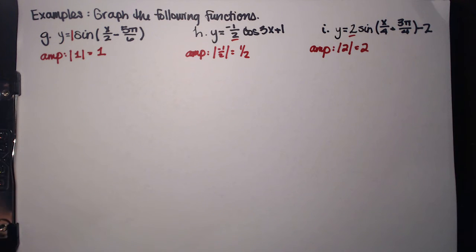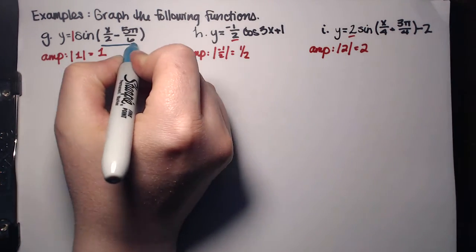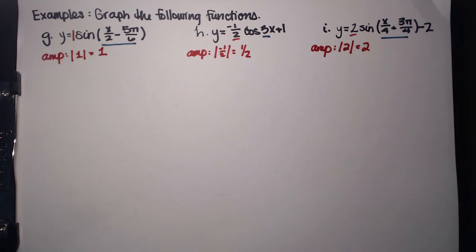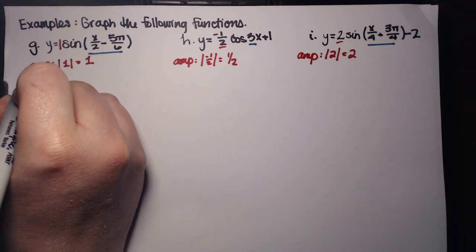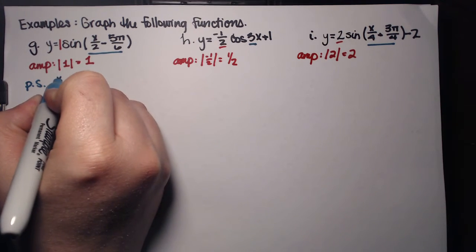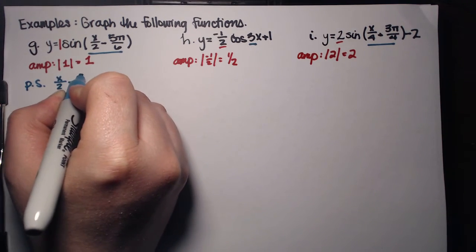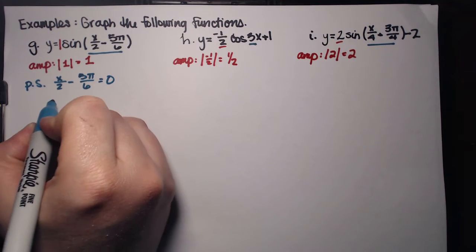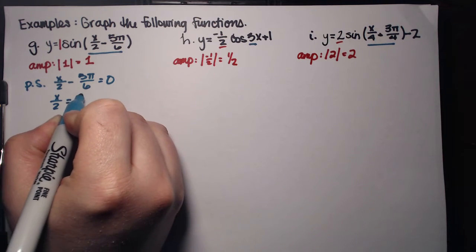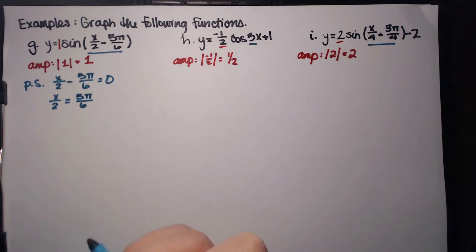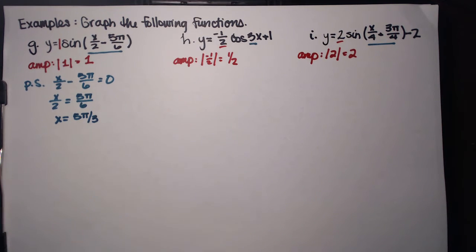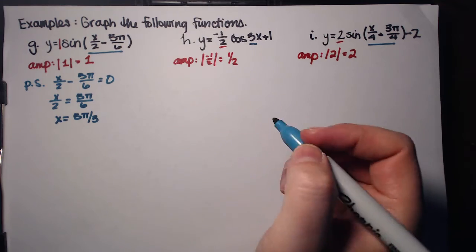The phase shift. So phase shift is where you take this entire inside piece and set it equal to 0. So x over 2 minus 5 pi 6 equals 0. I'm going to add that over and multiply both sides by 2. So I'm moving right 5 pi thirds on that one.